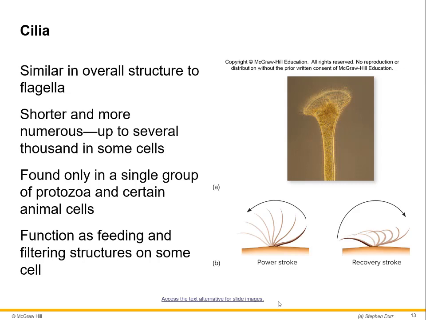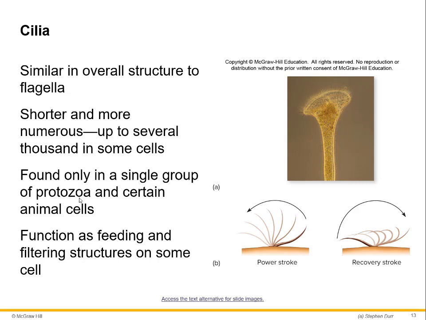Cilia are more numerous, and these are only found in protozoa. This is something that I get students who miss on every test: something that is unique to protozoa is the cilia. We don't see these in bacteria. There are no cilia in bacteria.